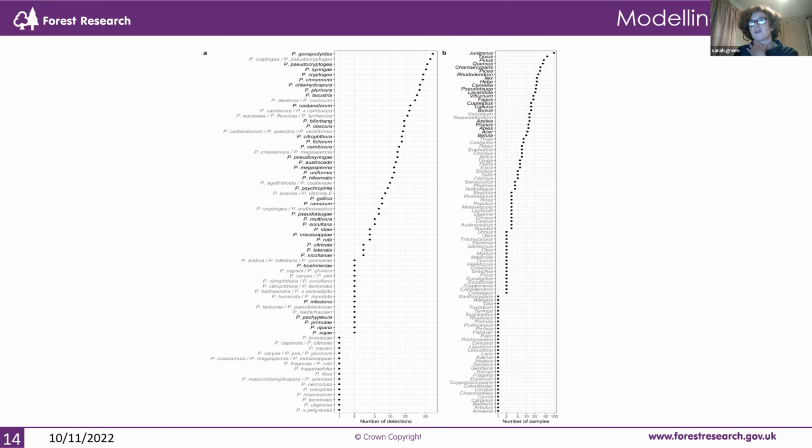So far, what you can see in this figure A is a list showing the most abundant Phytophthoras that we found across all the nurseries included in this analysis.